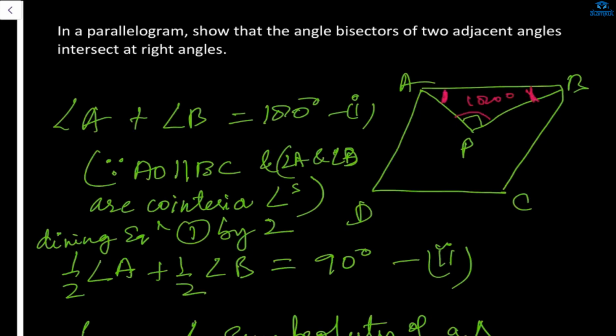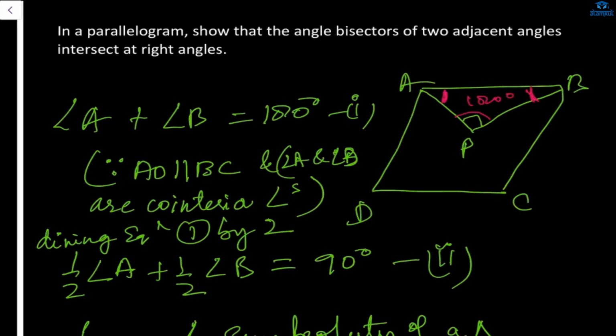Here I have taken angles A and B, and AP is the angle bisector of A and PB is the angle bisector of B. We have to show that angle P is equal to 90 degrees, that where the two angle bisectors meet at a point, that should be 90 degrees.